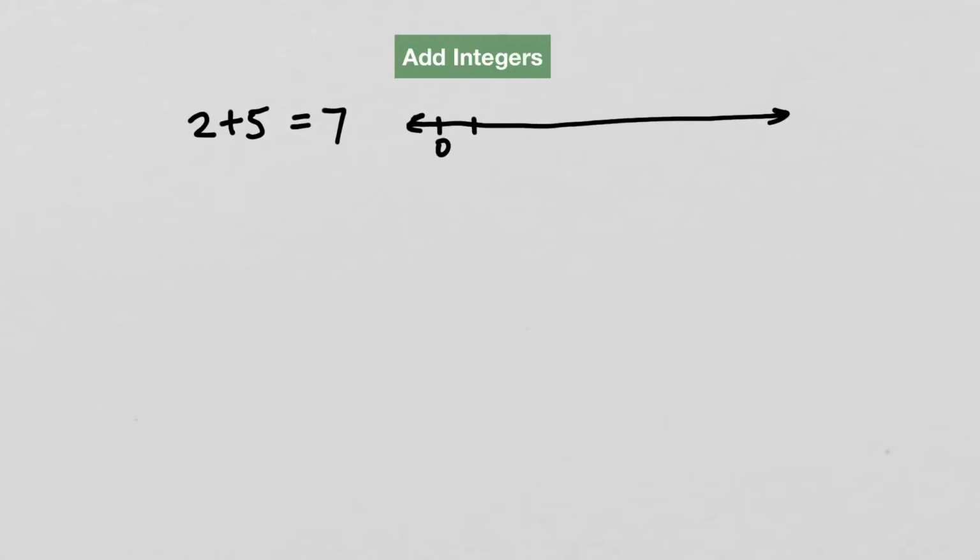So let's take a look at two integers. We add 2 plus 5. We know that's equal to 7. If we take a look at the number line, I'm going to draw this out.